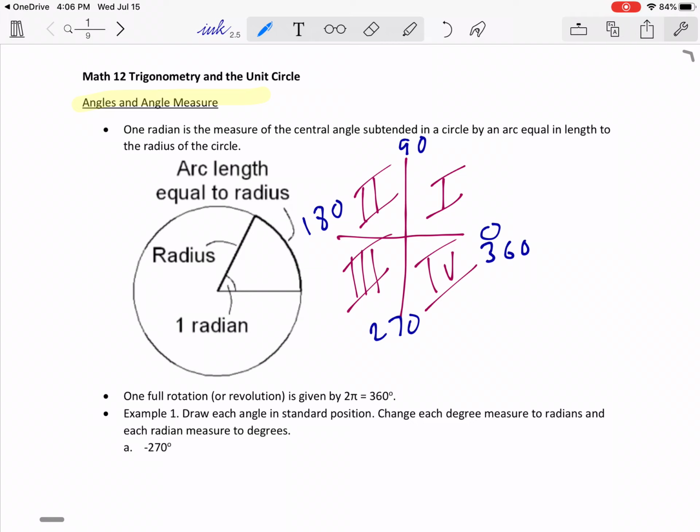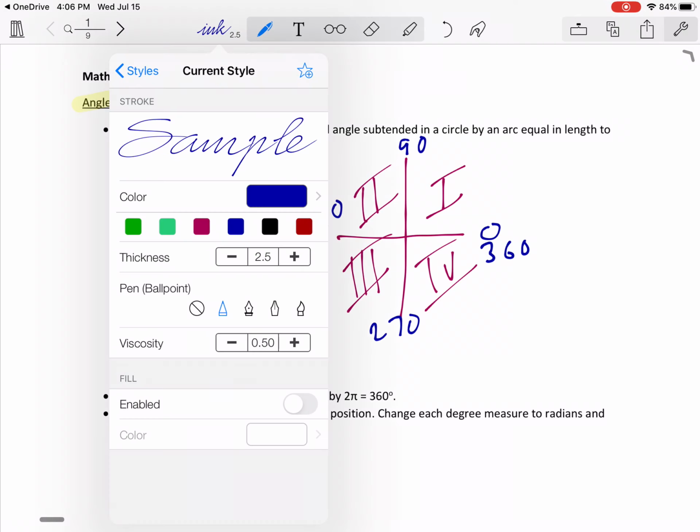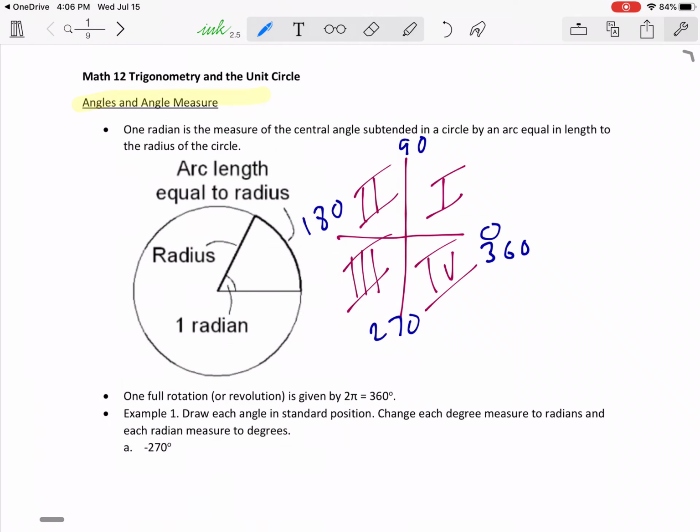Some of you are familiar with that, especially those of you who've taken physics. You would have gotten into that when doing your vector calculations. Now, let's look at a different way to describe the same thing, and it's in terms of what we call a radian. A radian is basically the subtended central angle.